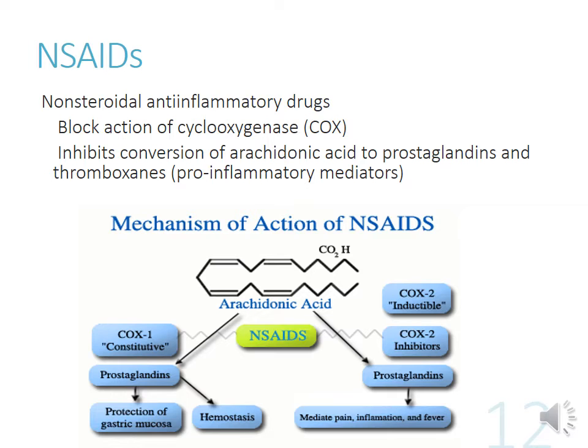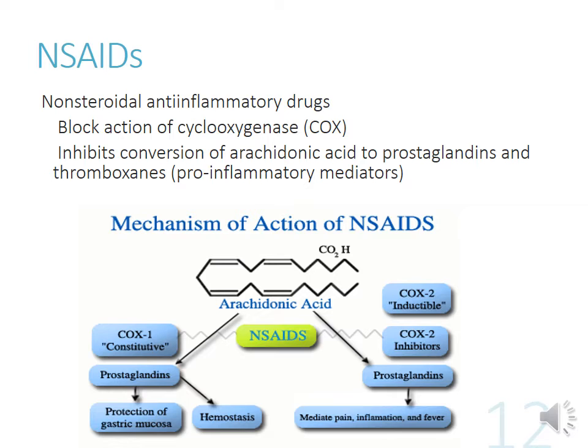Arachidonic acid will go through this pathway where it can eventually be used for pro-inflammatory purposes. So it'll produce things like your prostaglandins, leukotrienes, and all these different things through this whole pathway. So what the NSAIDs are doing is blocking the activity of cyclooxygenase and preventing the arachidonic acid from being converted over to anything in the first place, right? So that's how they're going to be working.